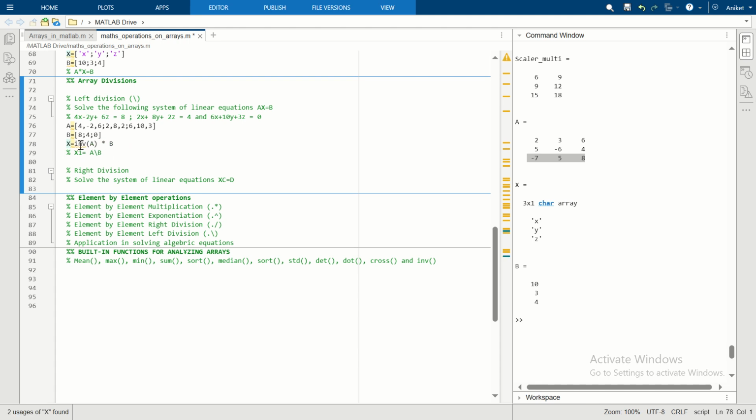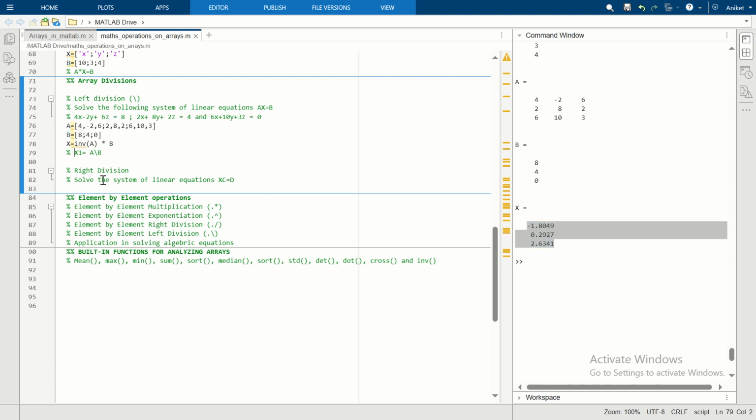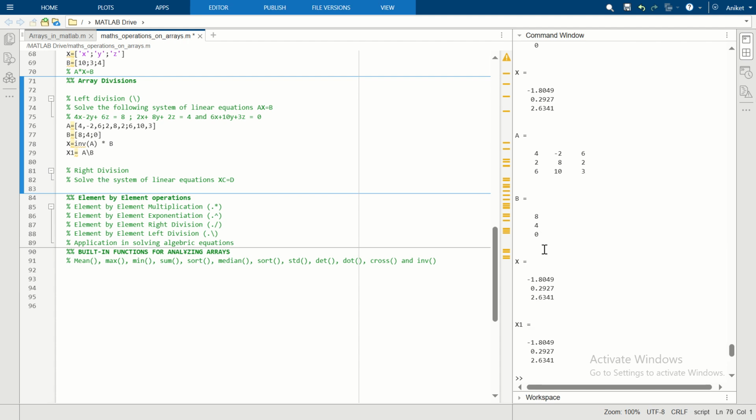Now we run this, and we have X = inverse of A star B. Okay, so this is the actual solution. We'll run this program here, and this was the A, B, and we got the answer using the solution that is inverse of A into B. Now we'll perform the left division on A and B and calculate x1, and we'll compare x with x1.